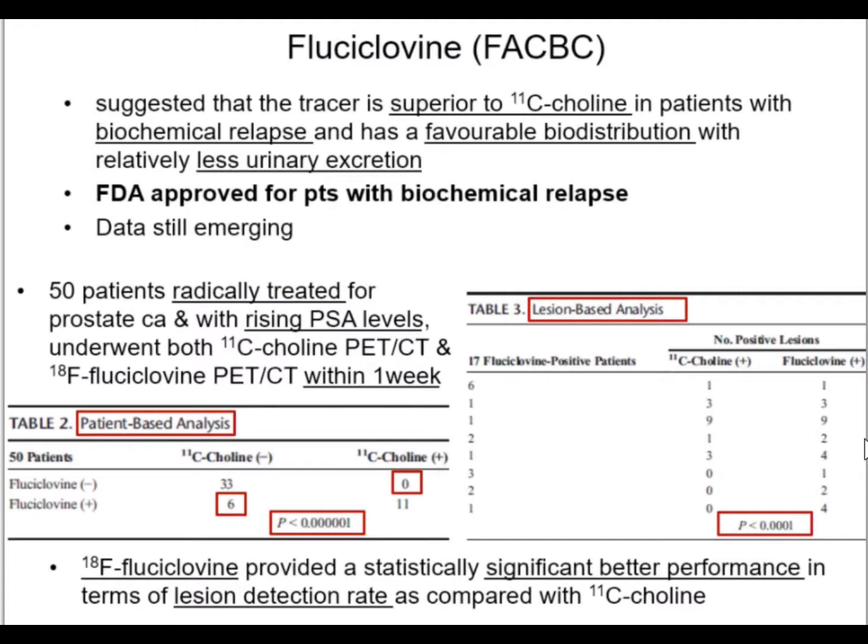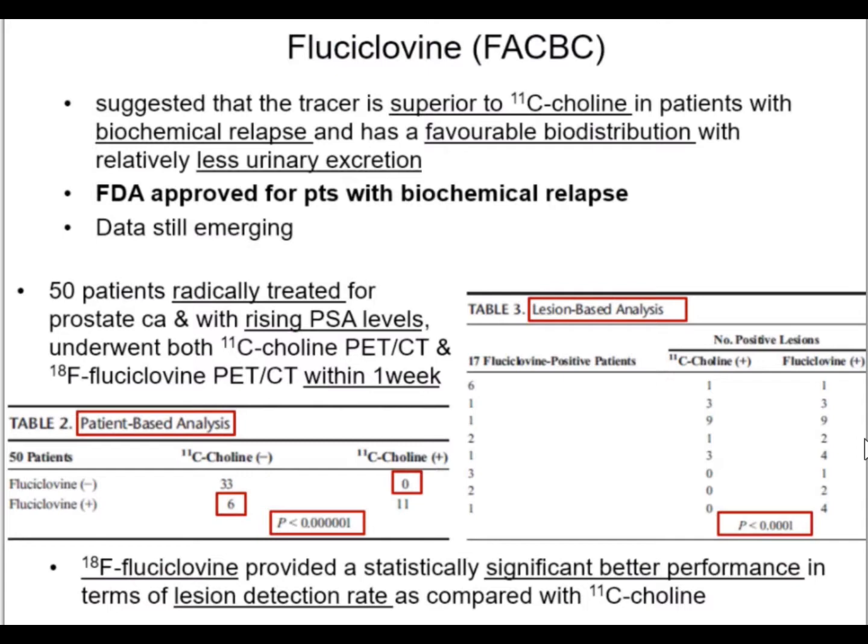If you look at the per patient analysis in 50 patients, what's interesting is that among those who were choline negative, there were 6 patients who were fluciclovin positive. But among those who were fluciclovin negative, none were choline positive. So on this basis, fluciclovin showed significantly better performance in terms of lesion detection rate compared to choline PET.